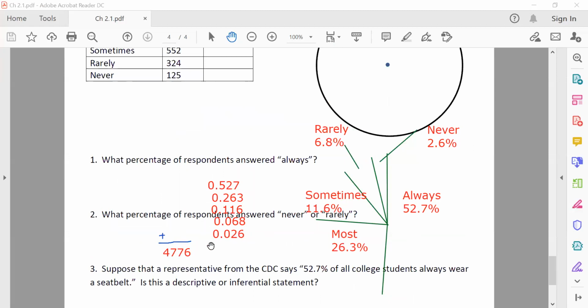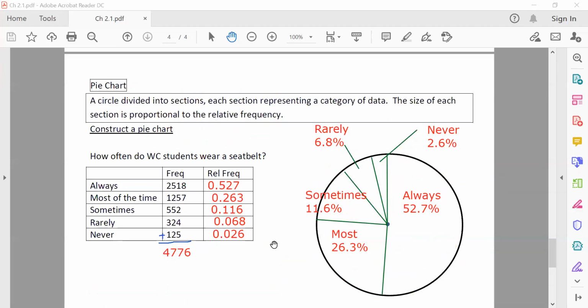We'll go back down here. Suppose that a representative from the Centers for Disease Control says that 52.7% of college students always wear a seatbelt. Is this a descriptive or inferential statement? That's interesting.